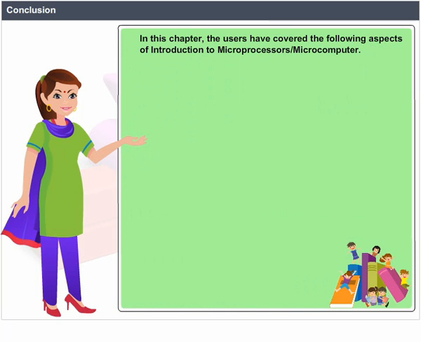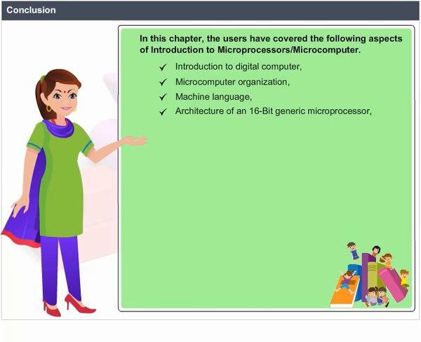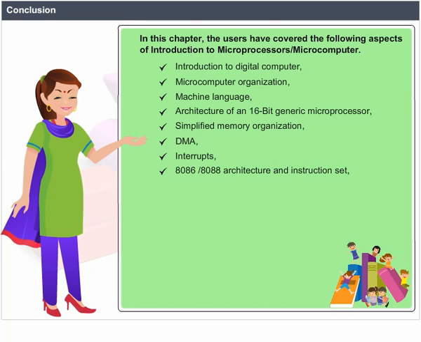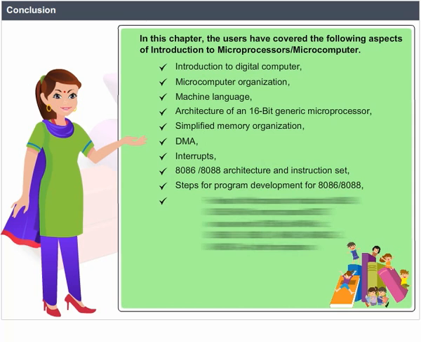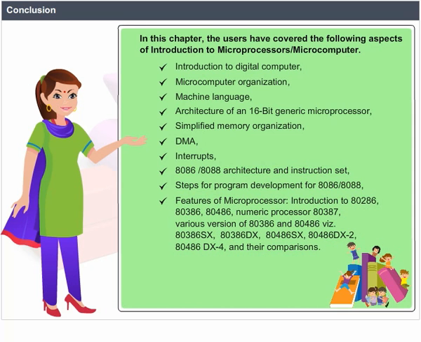Introduction to digital computer, microcomputer organization, machine language, architecture of a 16-bit generic microprocessor, simplified memory organization, DMA, interrupts, 8086-8088 architecture and instruction set, steps for program development for 8086-8088, features of microprocessor, introduction to 80286, 80386, 80486, numeric processor 80387, various versions of 80386 and 80486 like 80386SX, 80386DX, 80486SX, 80486DX2, 80486DX4, and their comparisons.